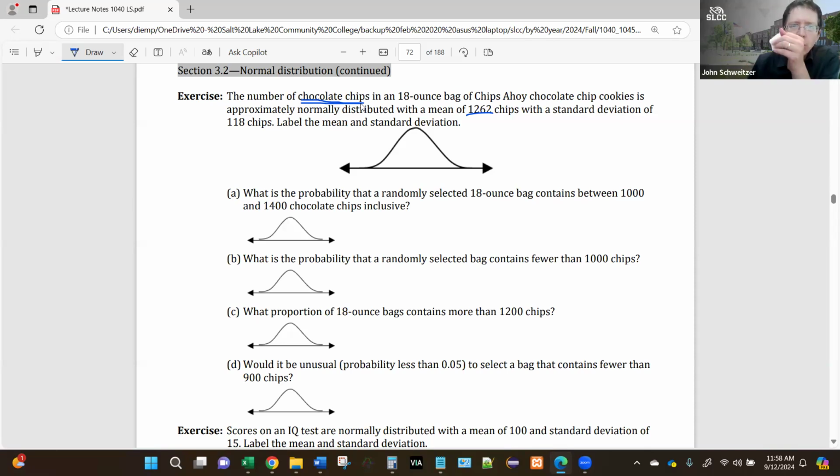So what they do is they have a target for the spread there. Okay, and so the target is 118 chips. So your typical bag will be about 1,262 chips right in the middle there. But there is some variation, and they're okay with this kind of variation here.